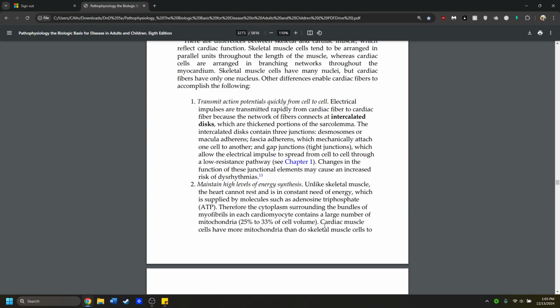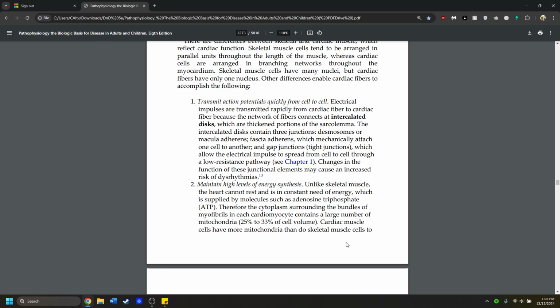Transmit action potentials quickly from cell to cell. The electrical impulses are transmitted rapidly from cardiac fiber to cardiac fiber because the network of fibers is connected at intercalated discs, which are thickened portions of the sarcolemma.